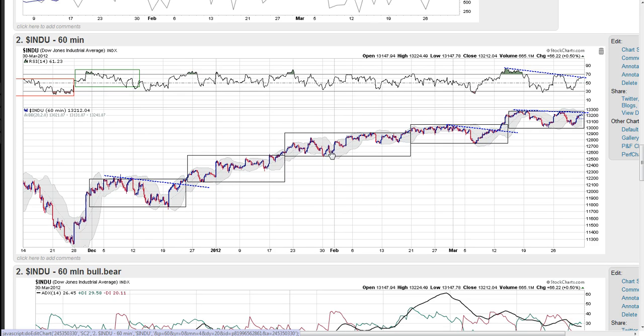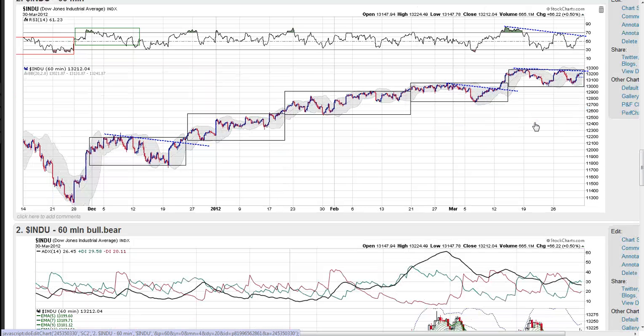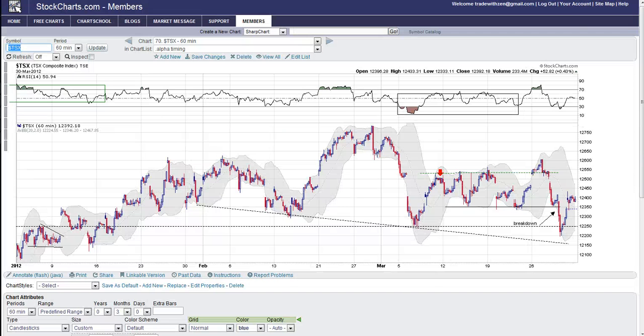And until we break this cycle, you really have to either be trading this from the long side very carefully, or from a more neutral standpoint, because I really feel like you're pressing your luck with each of these boxes. The odds are stacked against you that we're going to have some sort of a pullback.